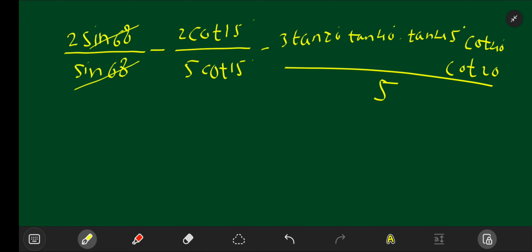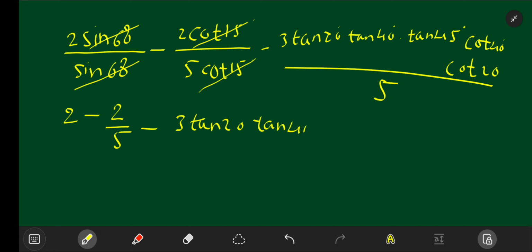Sin 68 gets cancelled. Cot 15 gets cancelled. 2 minus 2 by 5 minus 3 tan 20 tan 40, divided by 5 into this cot, this cot.